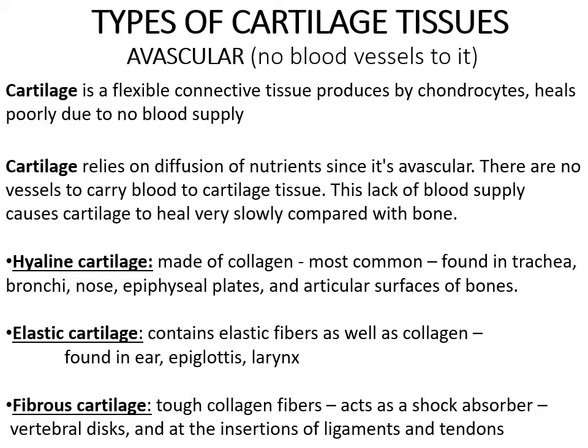Because it's so thick and tough, it's not a flexible cartilage that's involved in movement. So when I talk about fibrous cartilage being in a joint, whether it's the hip or the knee, that's the meniscus.